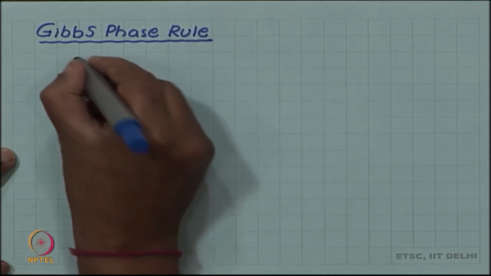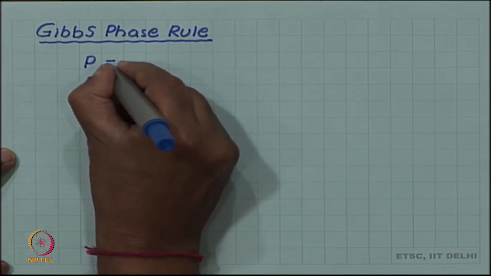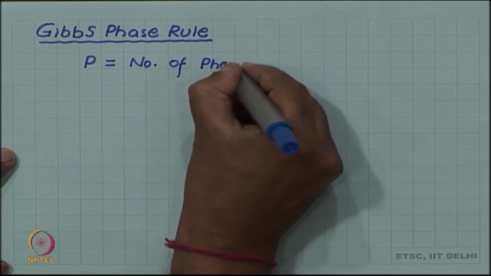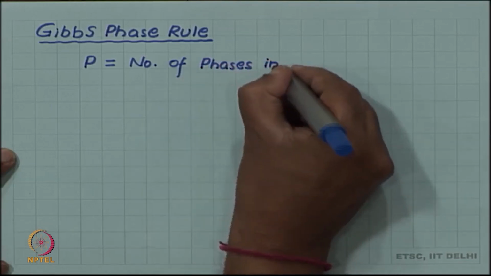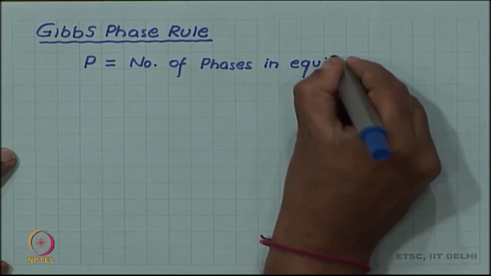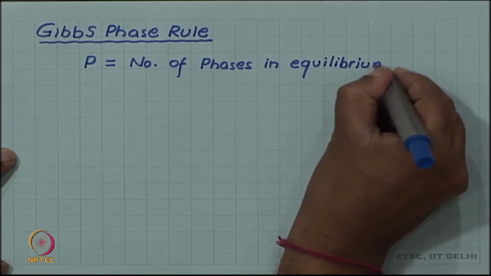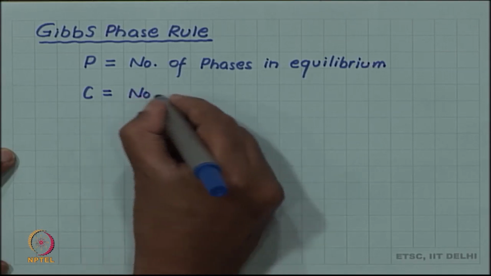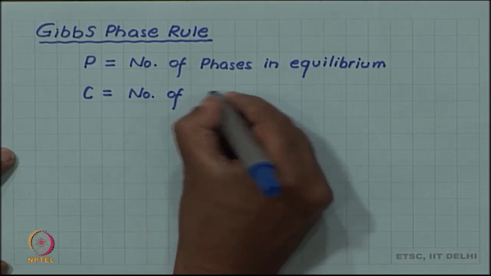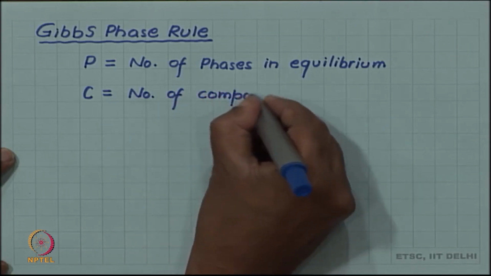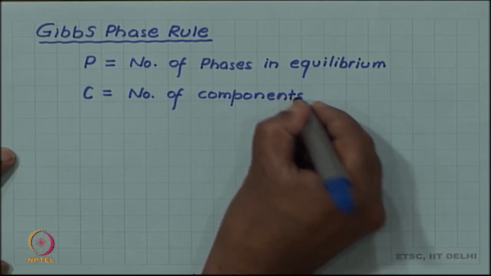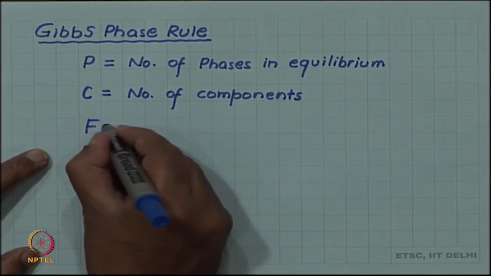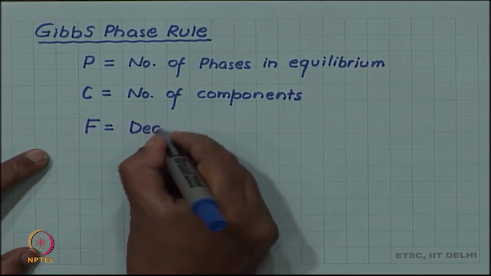is a relation between the number of phases, P is number of phases in equilibrium, C is the number of components in the alloy system which we are considering, and we will define a quantity F known as degrees of freedom.